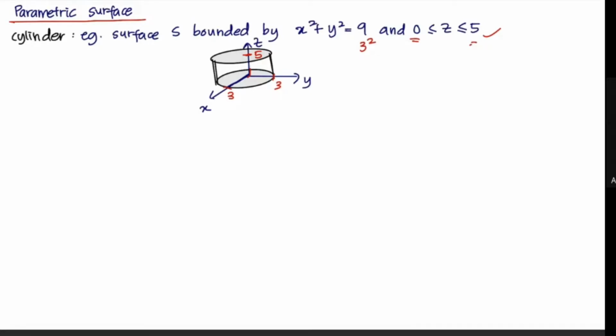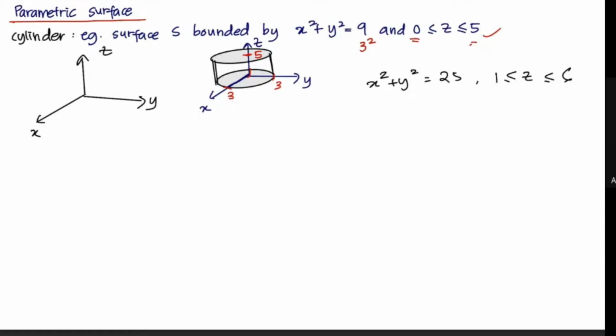Okay, so if you see from the question, the surface is bounded by x square plus y square equal to 25, and z is between 1 to 6. Okay, x, y, z. Here you just change. You have cylinder here. So the radius you refer to the constant value.